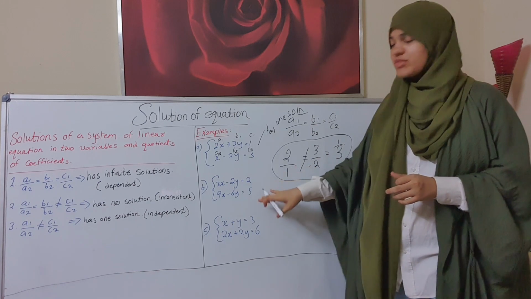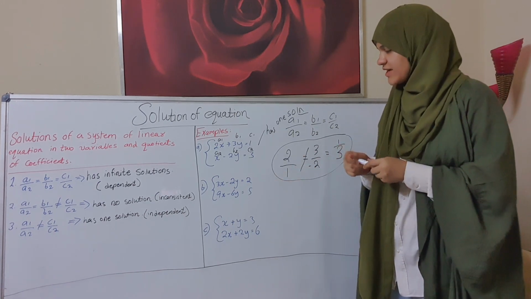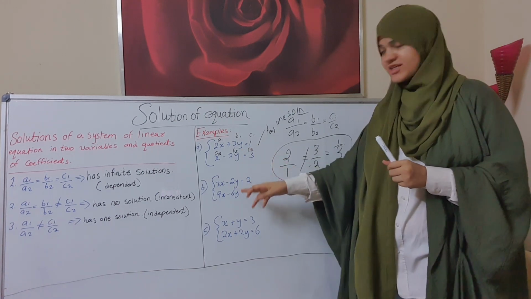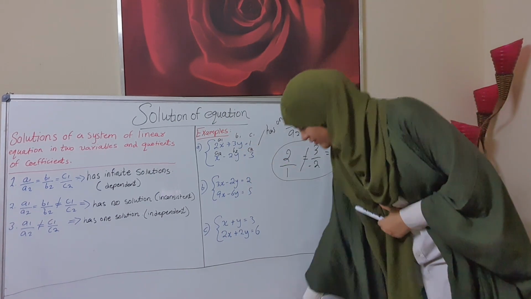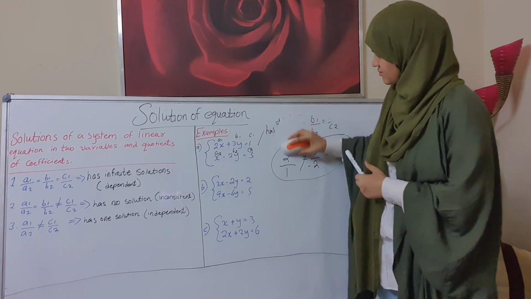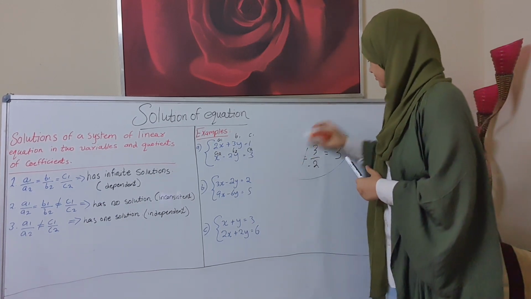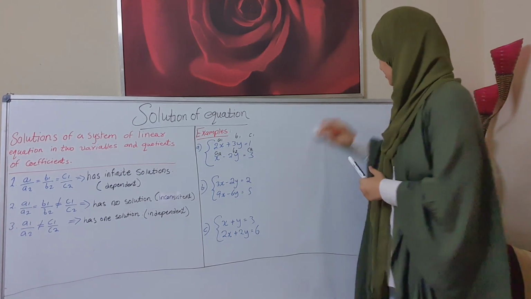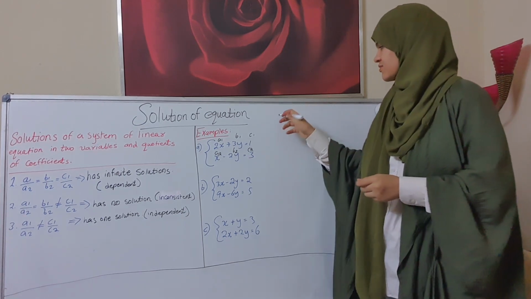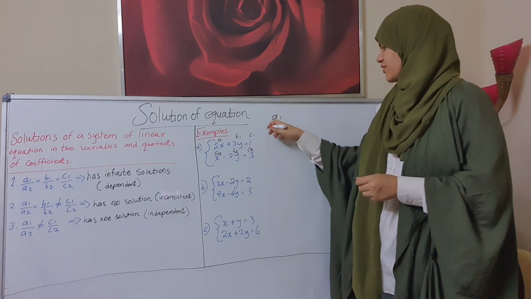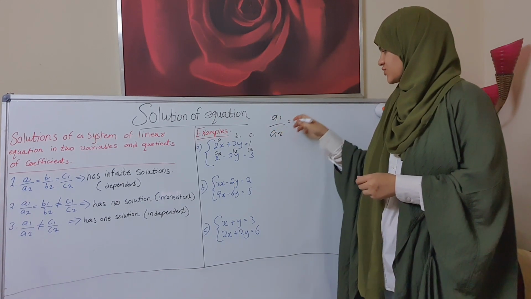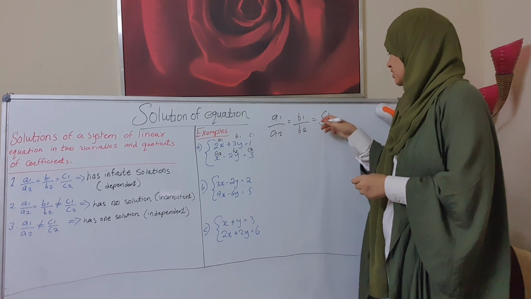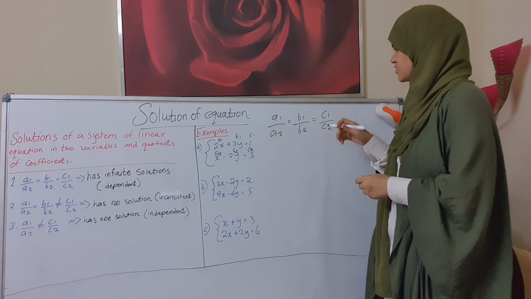Okay, now number 2 says 3x minus 2y is equal to 2 and 9x minus 6y is equal to 5. A1 over A2 is equal to B1 over B2 is equal to C1 over C2.